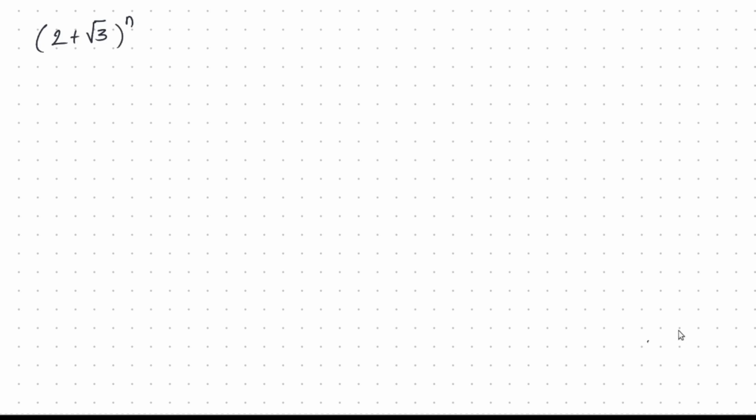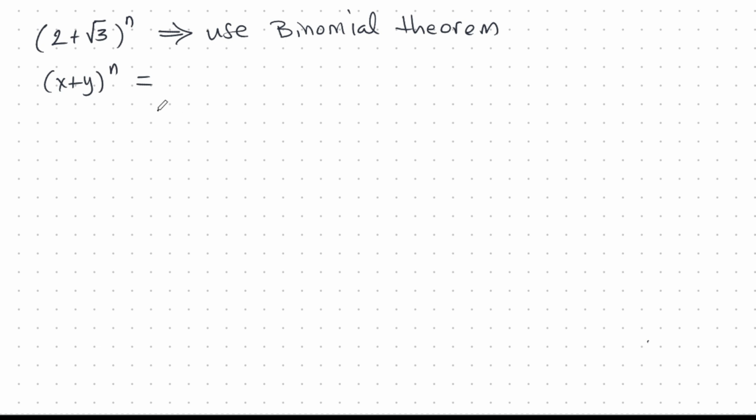Since we have this (2 plus root 3) to the power n, it makes us think that perhaps we should use the binomial theorem. And the binomial theorem looks like this. We take x plus y to the n and expand everything using the binomial coefficients.